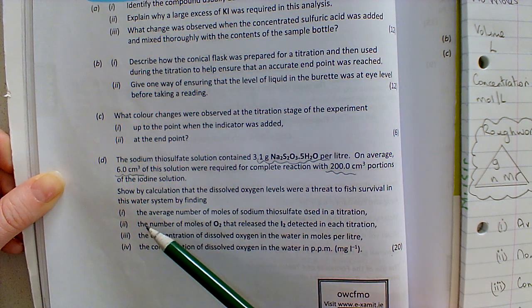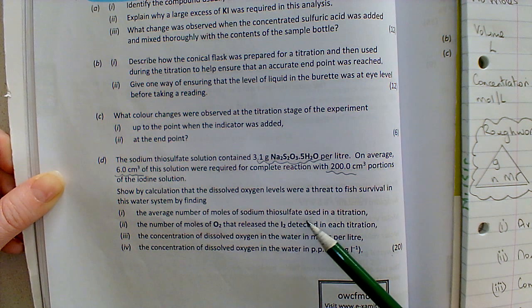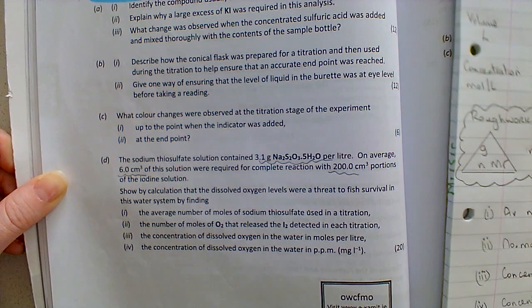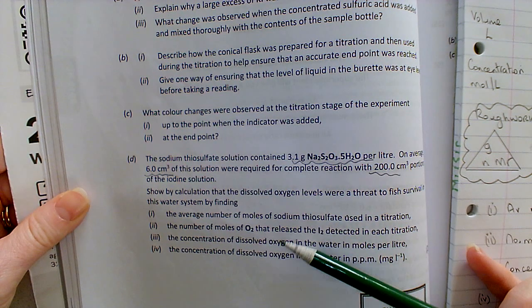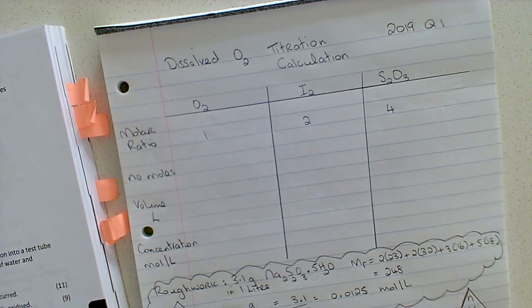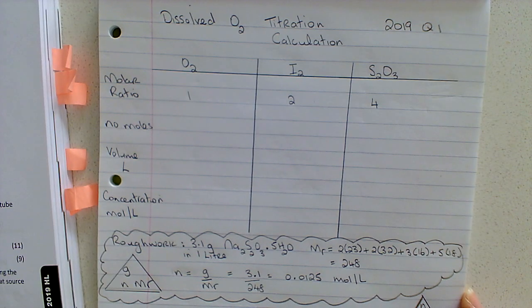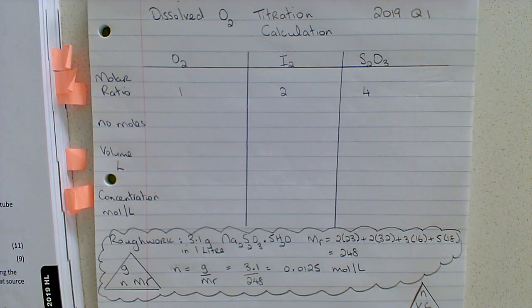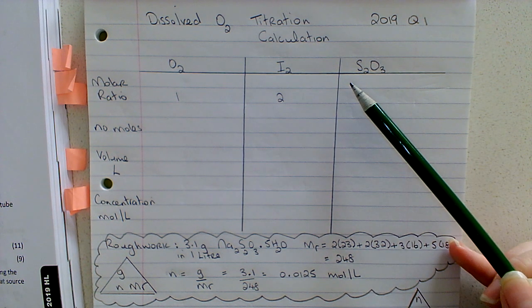We're asked first of all to find the average number of moles of sodium thiosulfate used in a titration. In order to answer this part and all of the other parts in the calculation, we need to set up a table. The 3 chemicals we're dealing with in this experiment are oxygen, iodine and thiosulfate.